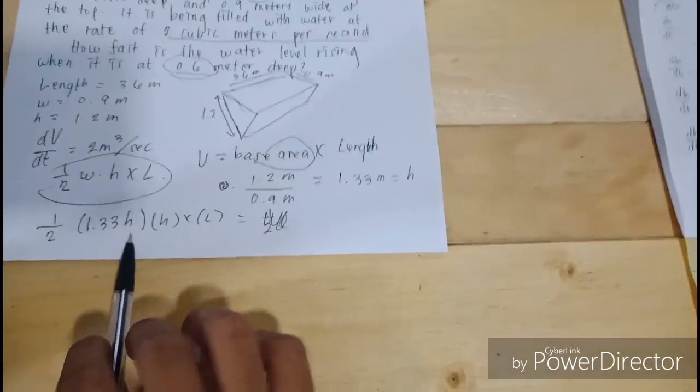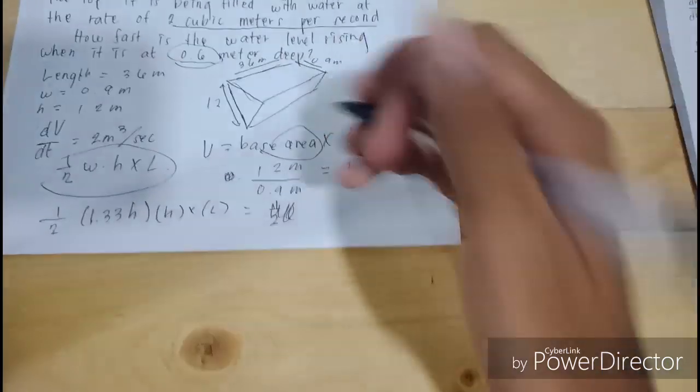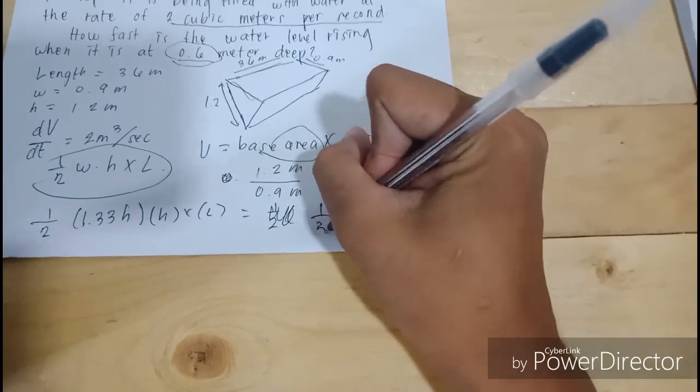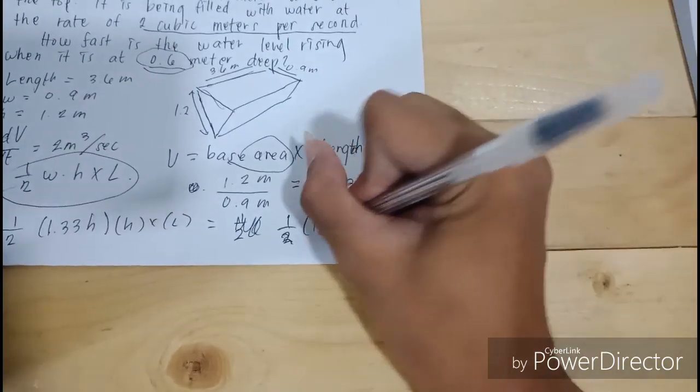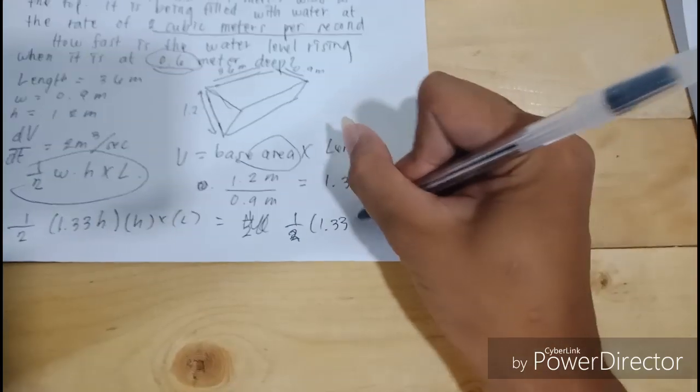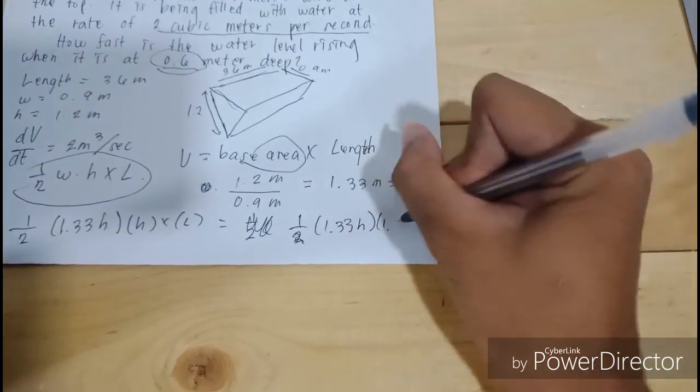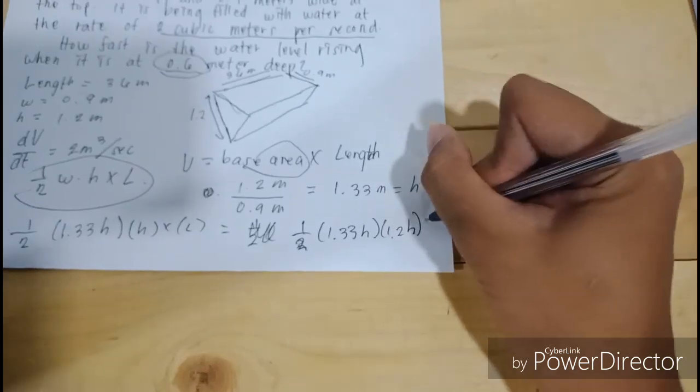So let's substitute this, and that will now give us 1/2 multiplied by 1.33 h times 1.2 h and multiplied by 3.6.